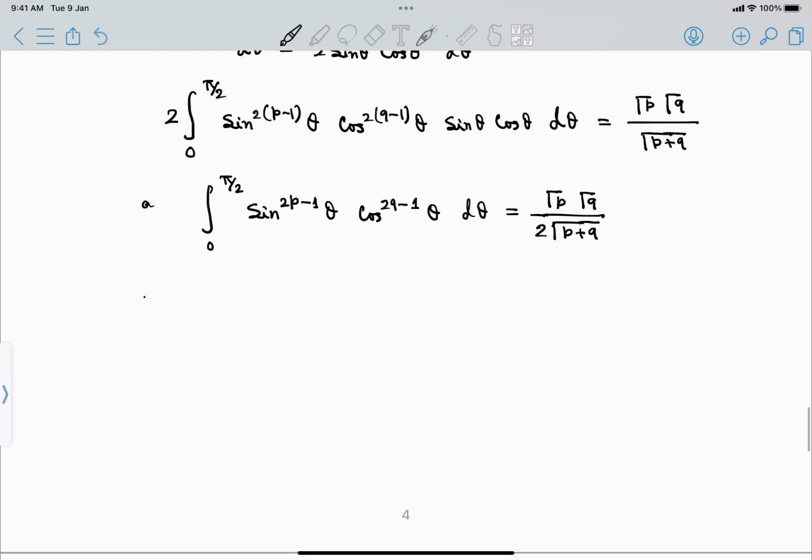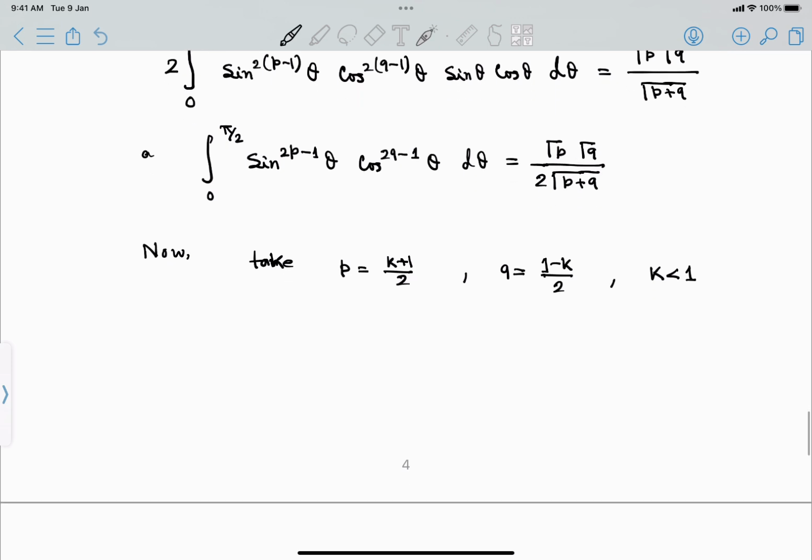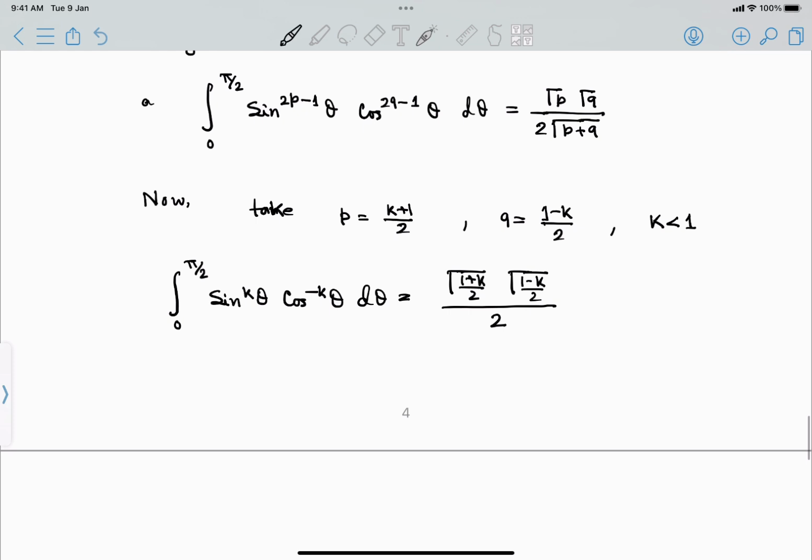Now again, take p equals (k plus 1) by 2 and q equals (1 minus k) by 2 for k less than 1, right, because p, q need to be bigger than 0. Then what will become? Then 0 to pi by 2, it will become sine to the power k into cos to the power minus k theta d theta equals gamma (1 plus k)/2 gamma (1 minus k)/2 by gamma 1, and gamma 1 is 1.